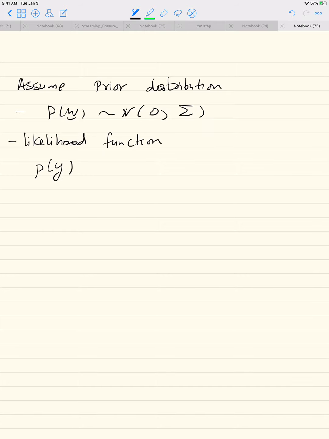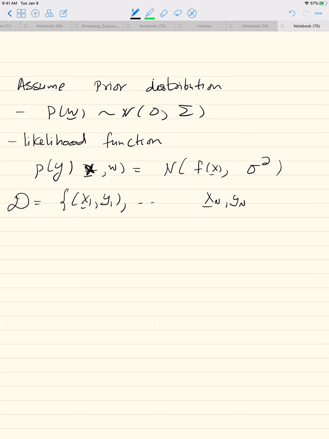P of Y given X and W. This will be Gaussian with mean of f of x and variance sigma square.